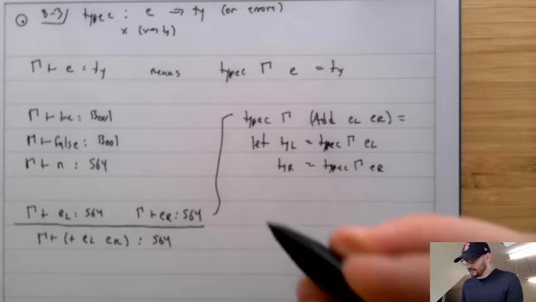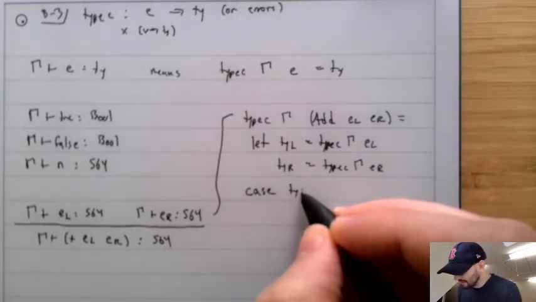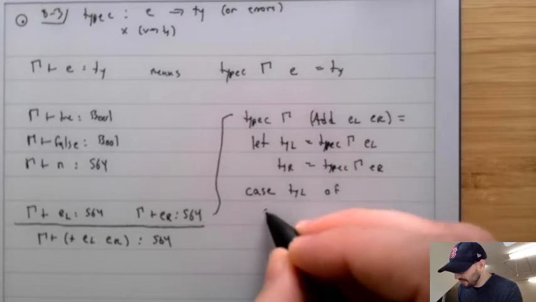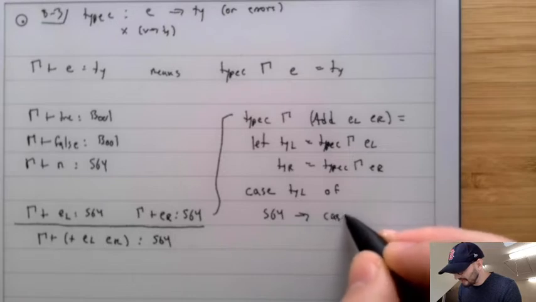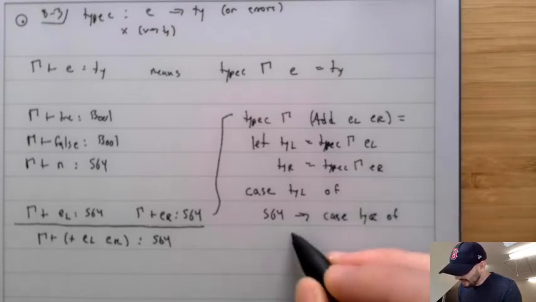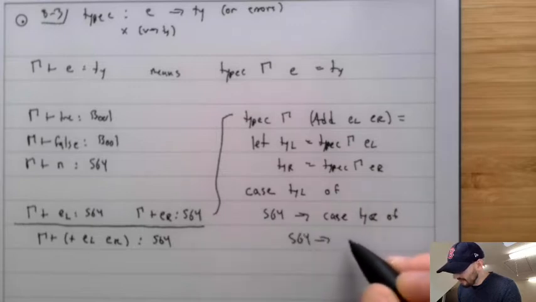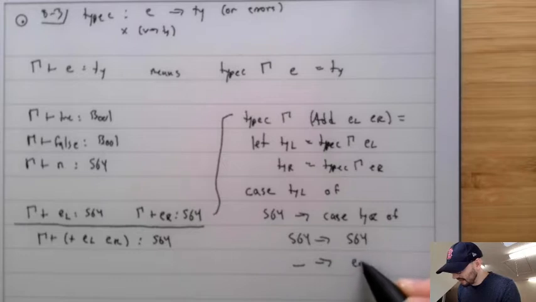And then what we're going to do is do a case analysis on the type of the left, and if we get S64, then do a case analysis on the type of the right, and if we get S64, then return S64, and otherwise error.